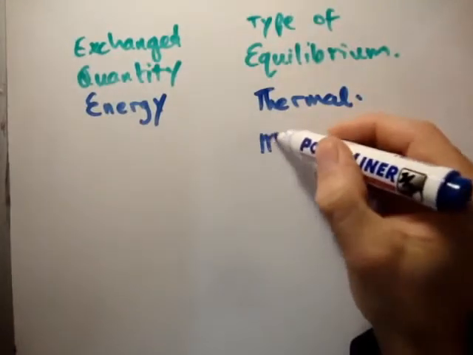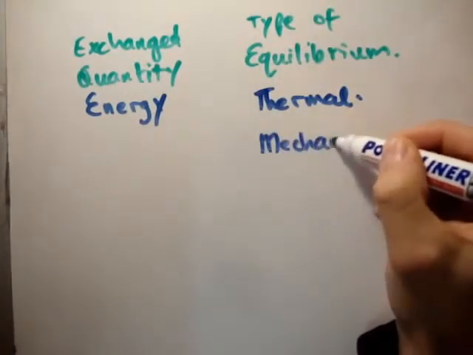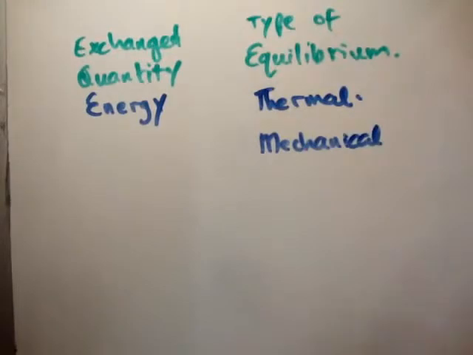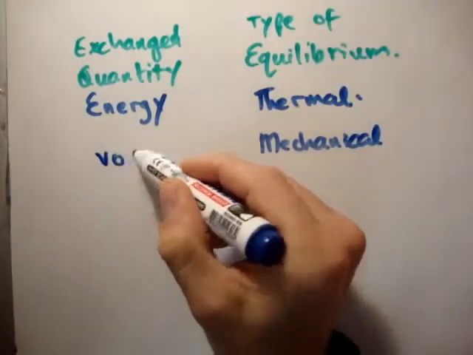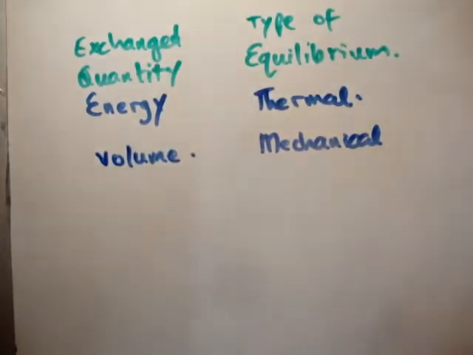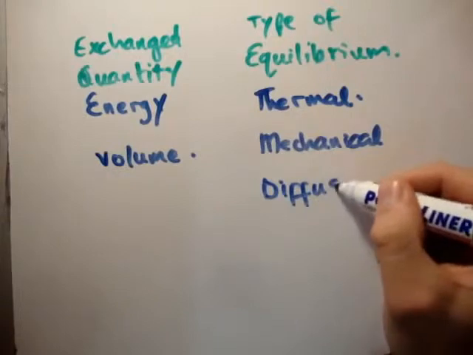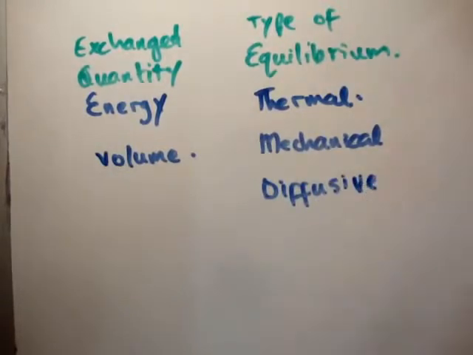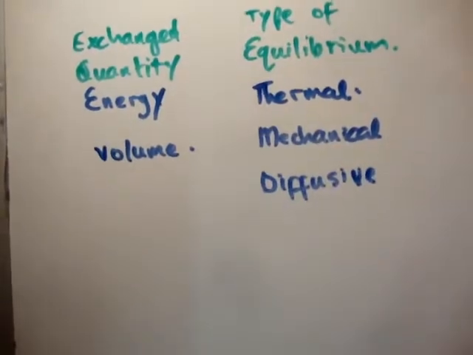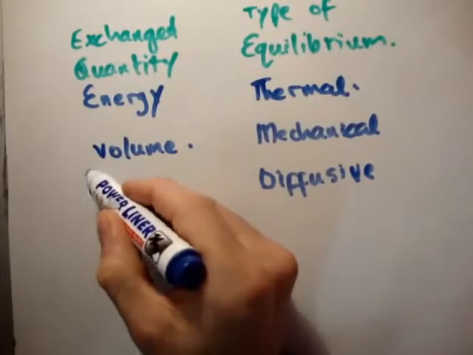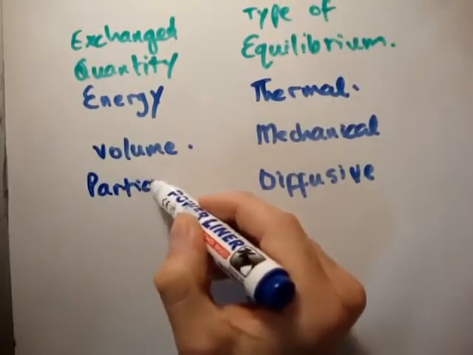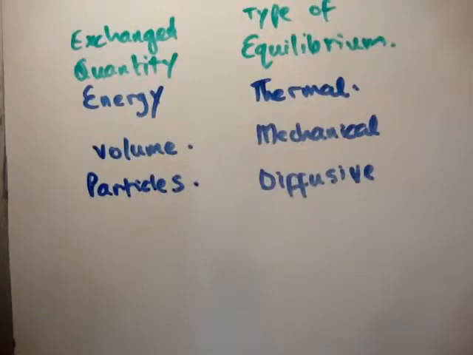Now, when something is in mechanical equilibrium, the exchanged quantity is volume. And the third one is diffusive. When two bodies are in diffusive equilibrium, the exchanged property is going to be their particles, the number of particles.